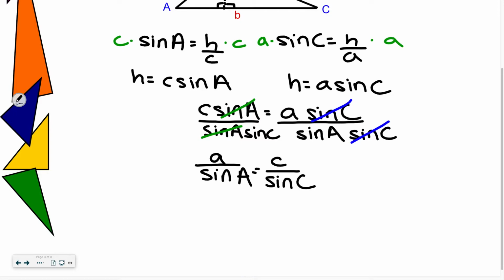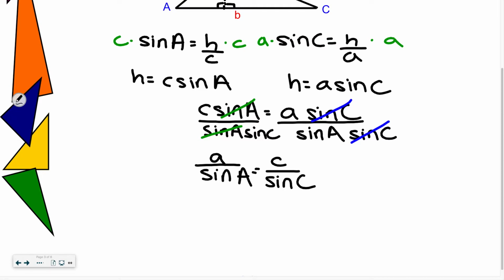These ratios will always be equal. So if you know 3 parts of this, like the 2 angles and 1 of the sides, you can plug in the 3 things you know and solve for the missing side. Or if you know the 2 sides and 1 of the angles, then you can plug in for those and solve for the missing angle.